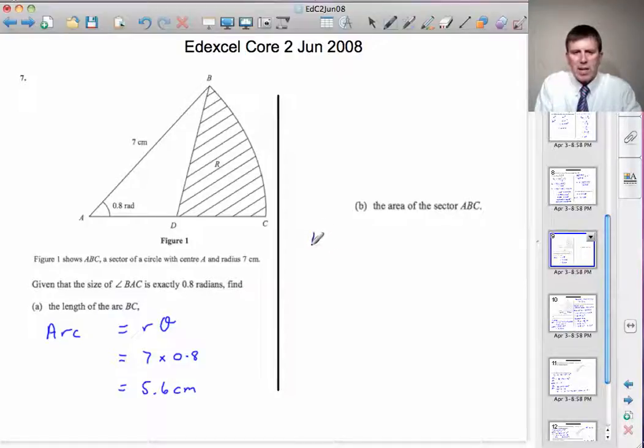The area of the sector is given by the formula 1/2 r squared theta. Again, r is the radius of the circle, theta is the angle at the centre in radians. So this is equal to 1/2 multiplied by 7 squared multiplied by 0.8.